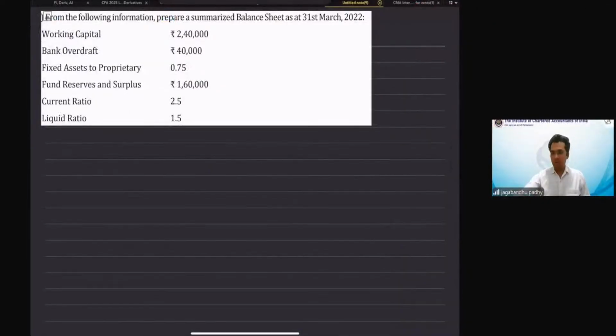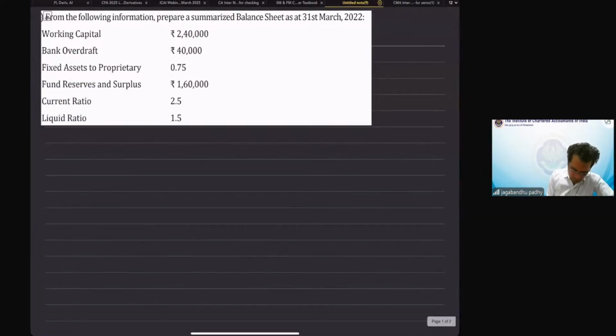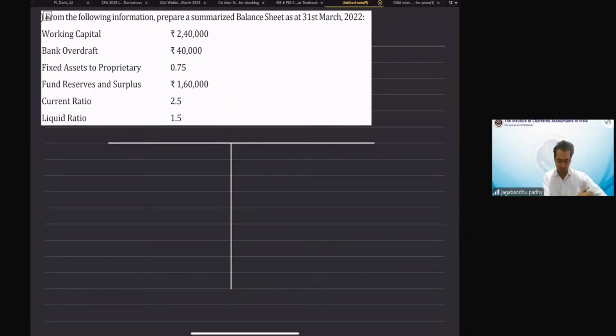Okay. Can you see the screen? Yes. Okay, so here we have this data available with us, where we are supposed to prepare a summarized balance sheet. Now, whenever we have such ratio questions where we are supposed to prepare a balance sheet, what we should do is we'll first prepare a broad format of balance sheet, wherein we have got some assets and liabilities part.